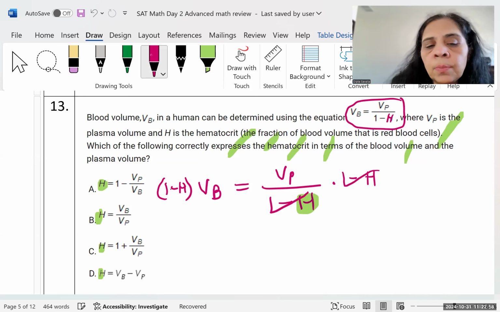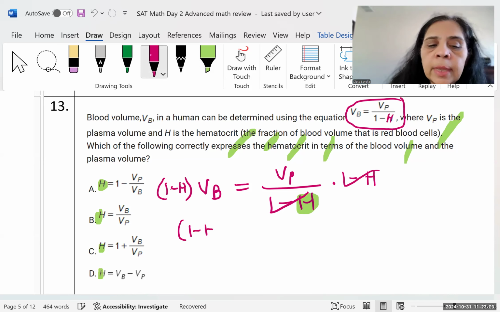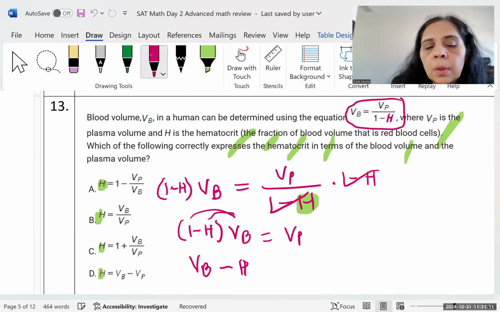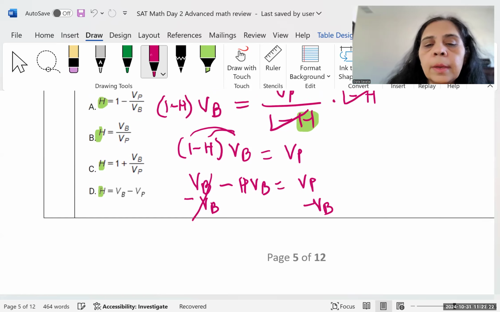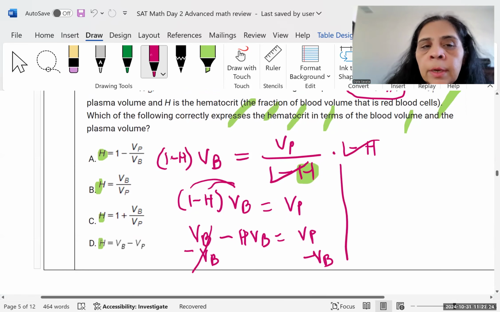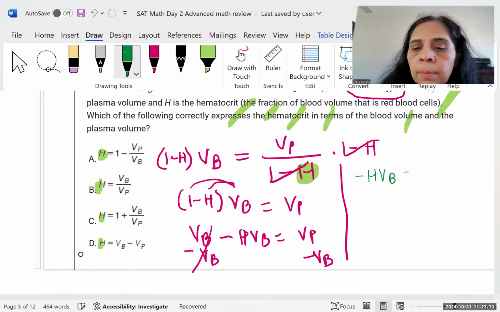Okay, so that cancels. And I'll do parentheses here. All right, now we have here 1 minus h times VB equals VP. And then we can use the distributive property. VB minus h VB equals VP. Now you can subtract VB. Negative h VB equals VP minus VB. All right.